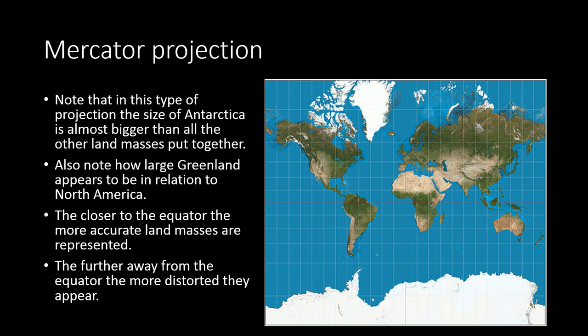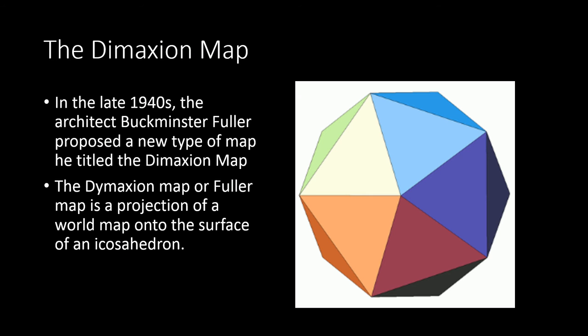All right, so in the late 1940s, an architect, and this is important since some of us are architects, Buckminster Fuller developed or proposed a new type of map. His idea was that the Mercator projection was really inaccurate.